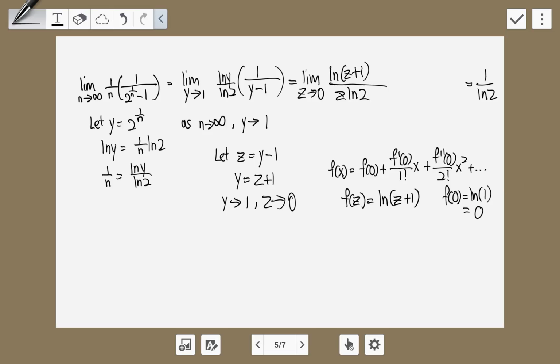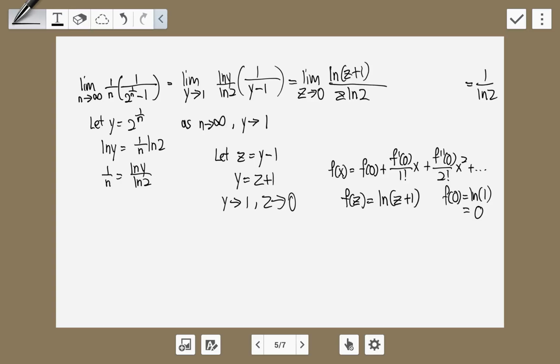Now, if we did not do this, we cannot do Maclaurin expansion for ln y, because if f(y) equals ln y, then f prime(y) equals 1 over y, and if we substitute 0, it will be undefined. So we cannot do it for ln y. That's why we use the substitution y equals z plus 1, and that is okay.